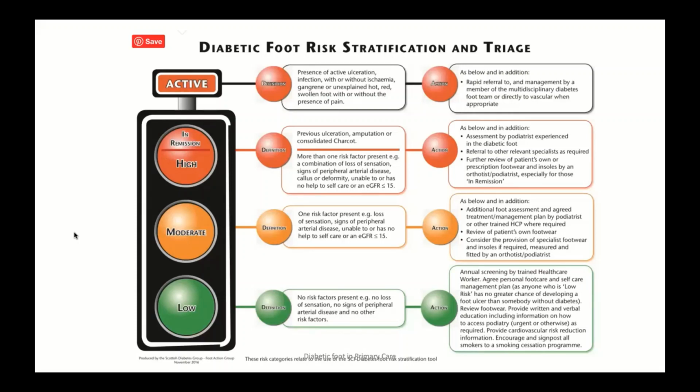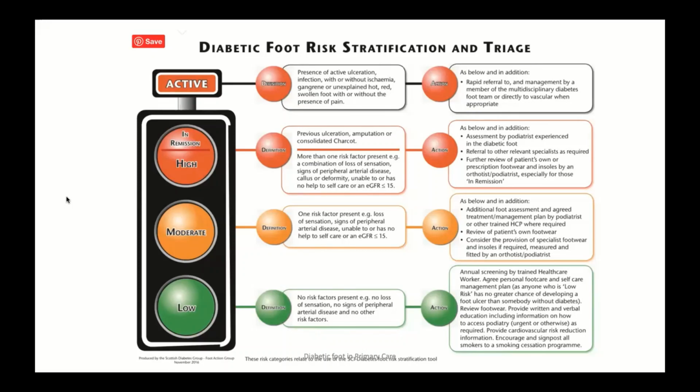And the appropriate action you take for these patients differs based on the various risk factors. If you look at the very top, the active component, these are patients who have active ulceration with or without ischemia, gangrene, unexpected redness, erythema, pain or without pain.